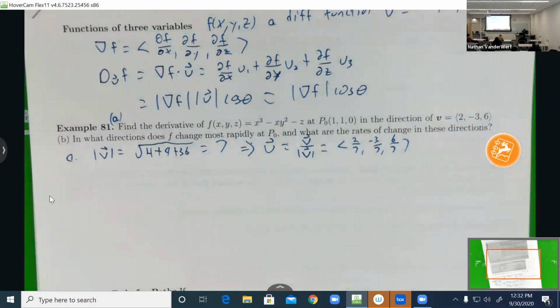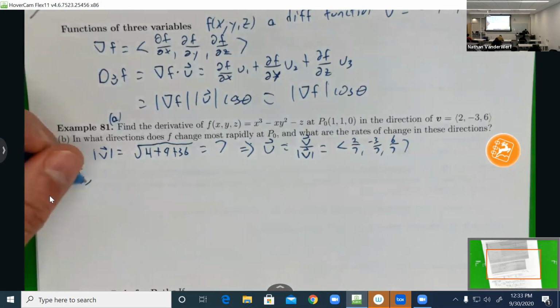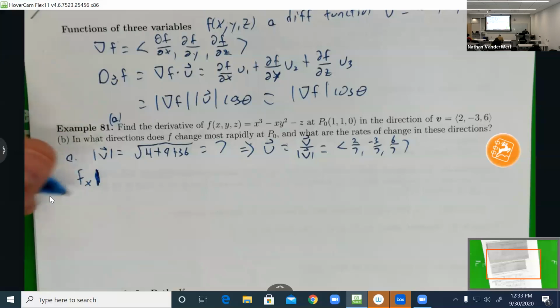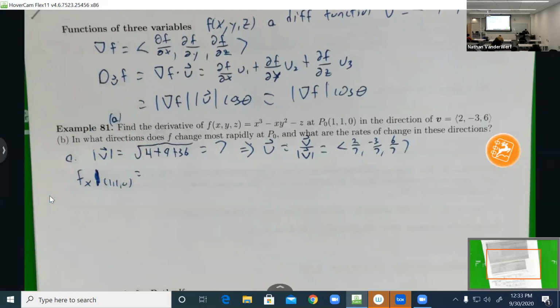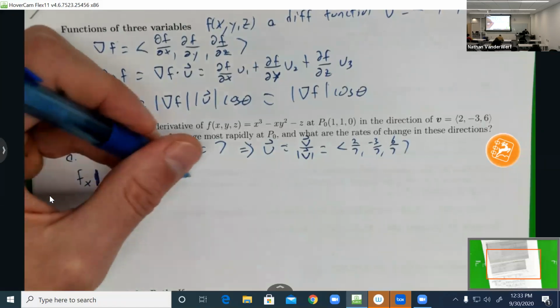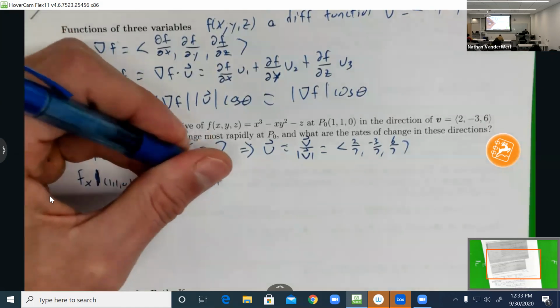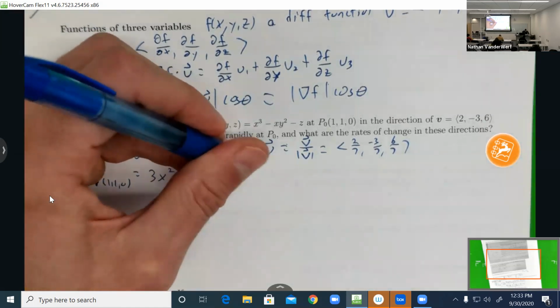Okay. So now that we have that, we're going to calculate the partial derivatives at these points. So fx at 1, 1, 0 is going to be 3x squared minus y squared at 1, 1, 0, which is going to be 2.